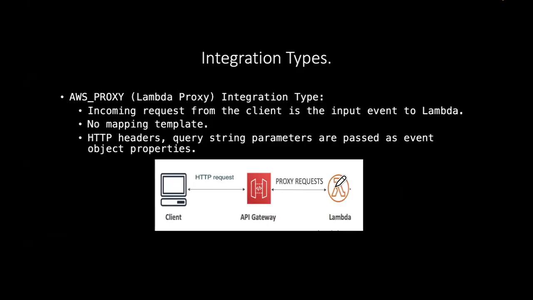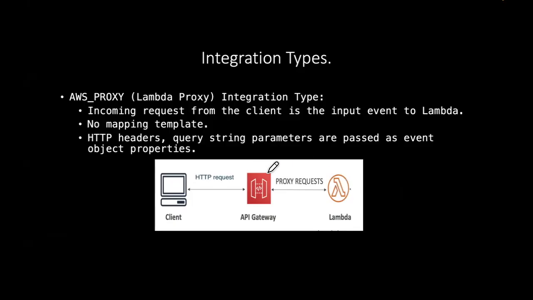So the event object essentially has to contain all of the information about the HTTP request in terms of the payload, the HTTP headers, any query string parameters, all of that has to be packaged inside the event object that's given to your Lambda function.